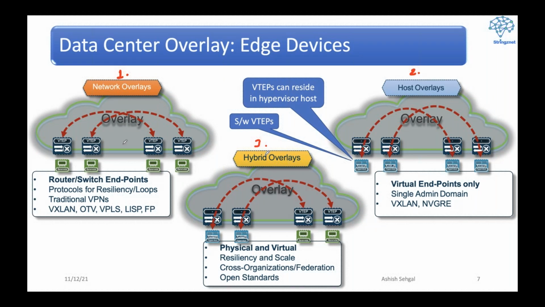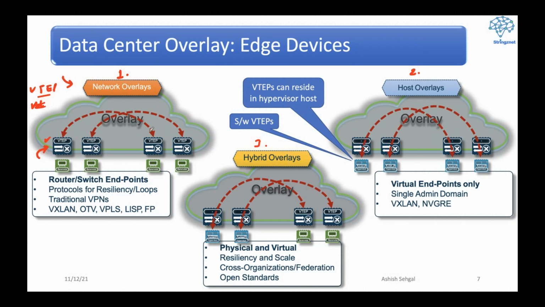But before it, if you look into the network overlay, we have got our edge device now, which is known as VTAP device, VTAP, VXLAN, I'm sorry, VXLAN tunnel endpoint device.